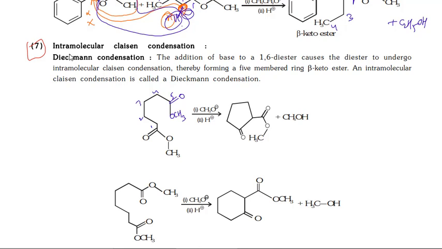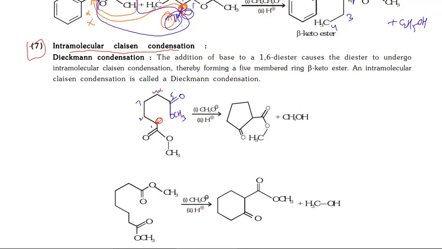Next, intramolecular Claisen condensation is similar to intramolecular aldol condensation. See here, this is the alpha position, this is also alpha position. You can take any one because both terminals are same. Here a carbanion is forming and attacking here.